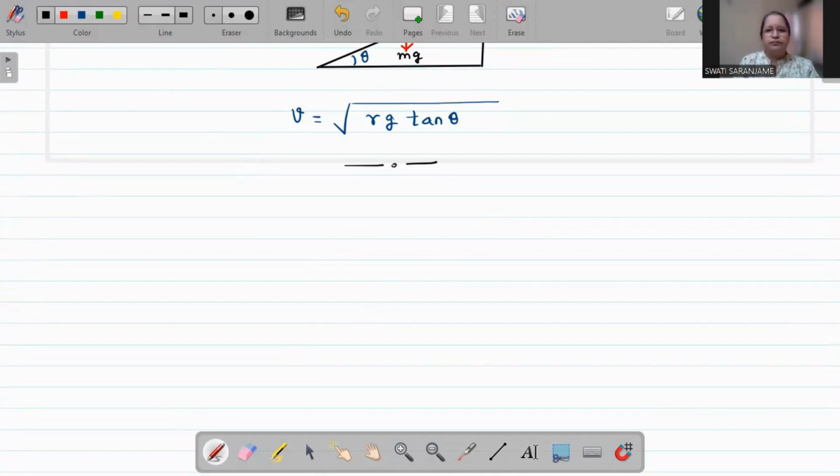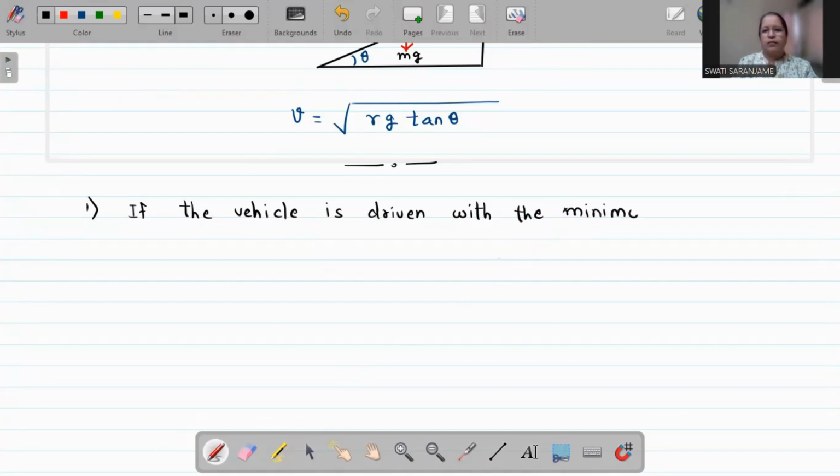In the first one, we will see what happens if the vehicle is driven with the minimum speed as compared with v equal to under root r g tan theta.